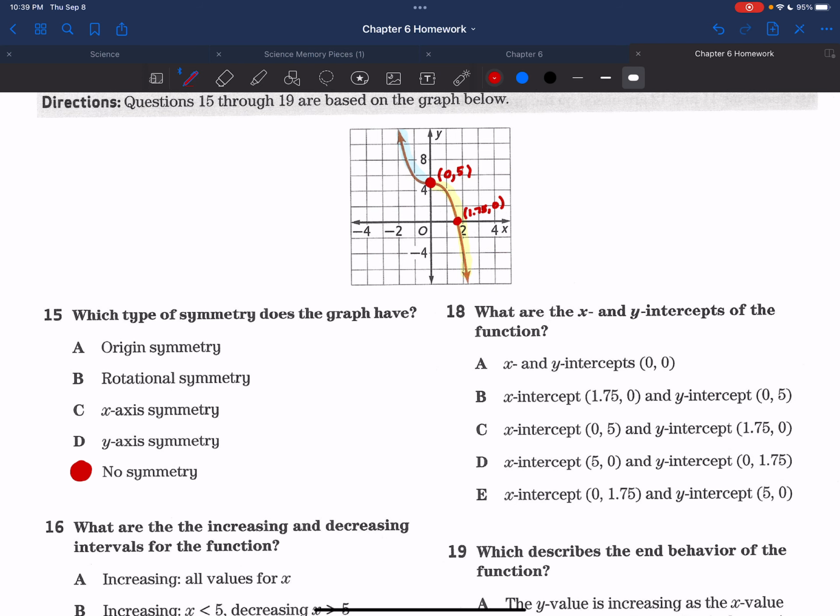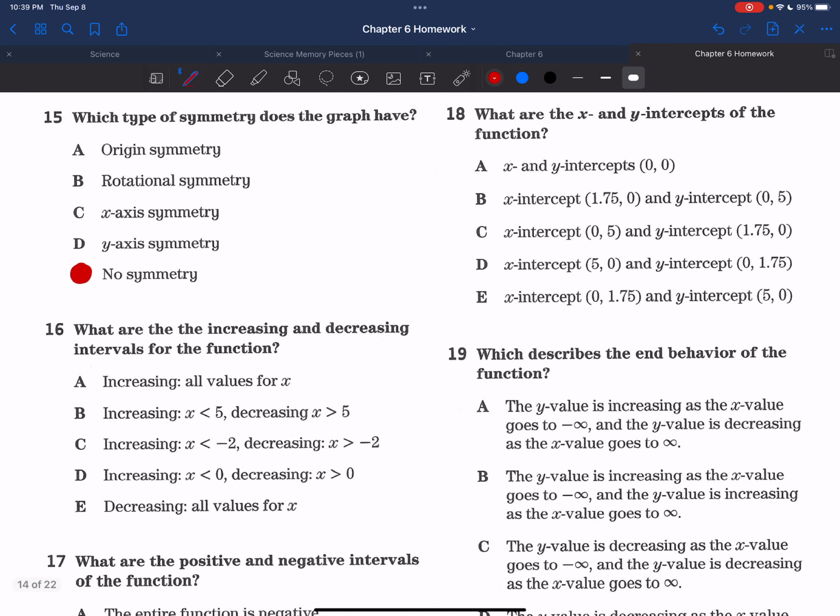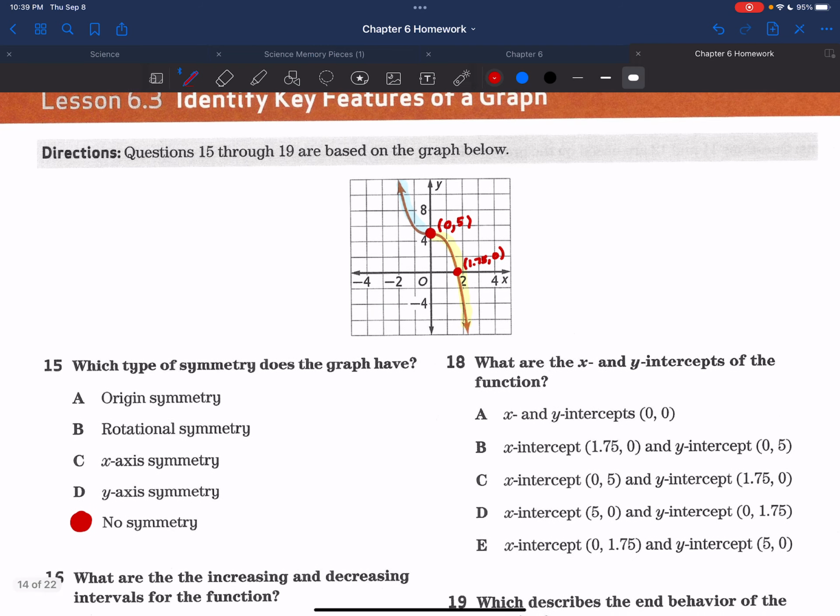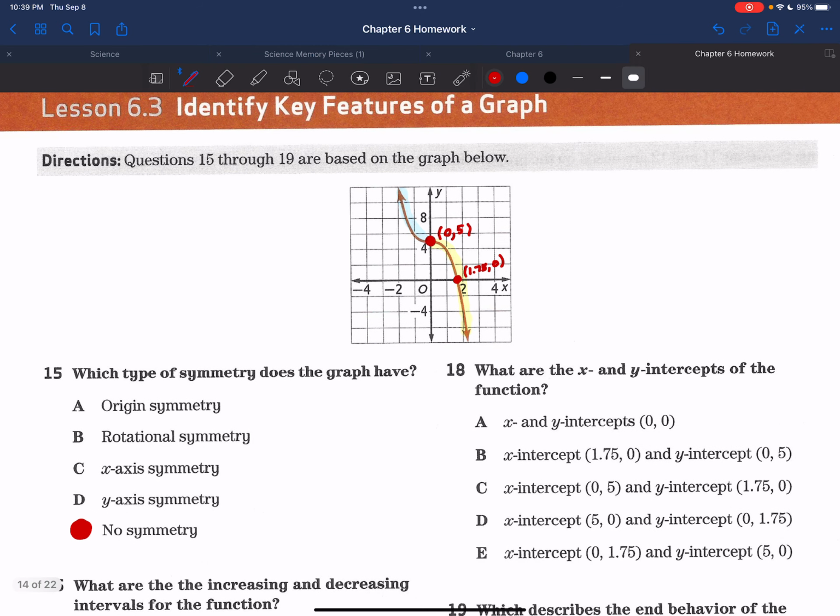Okay, number 16. What are the increasing and decreasing intervals for the function? So let's take a look. I'm going to say that, well, the function is decreasing for any value of x.